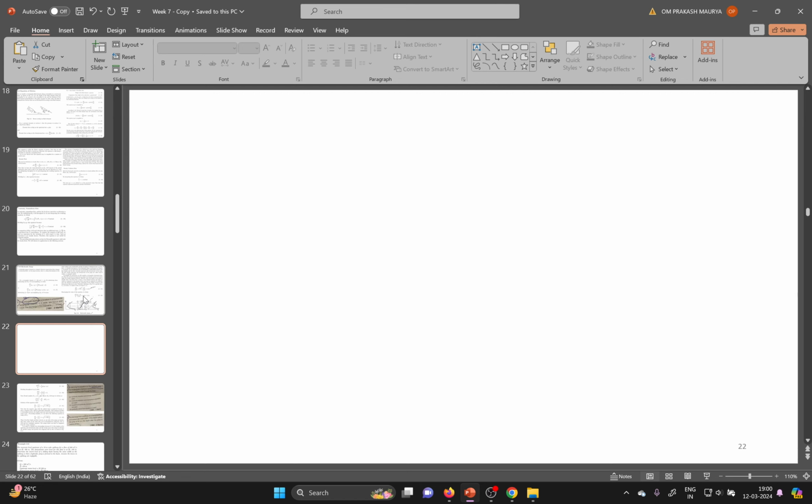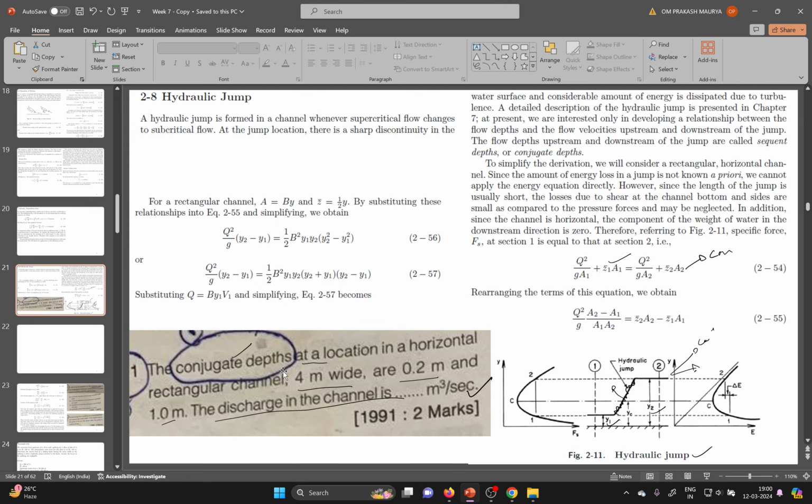Okay, the question is given like that. Conjugate depth at a location in a horizontal rectangular channel. Here theta is 0, horizontal, so you can use directly this equation because there is no role of theta here. 4 meter wide, and 2 meter and 1 meter is the conjugate depth.